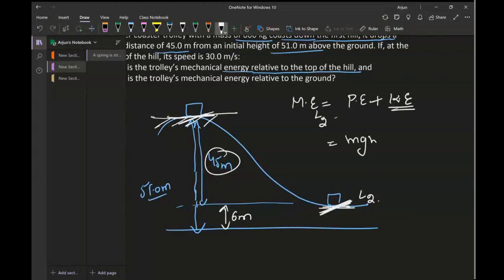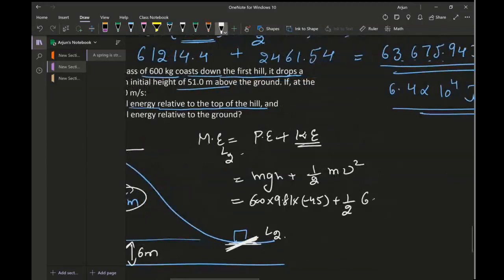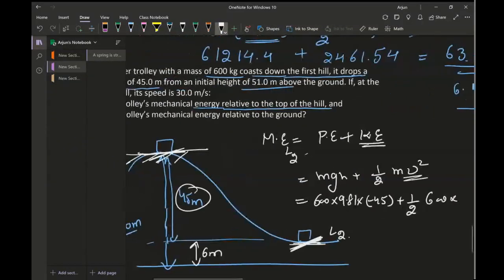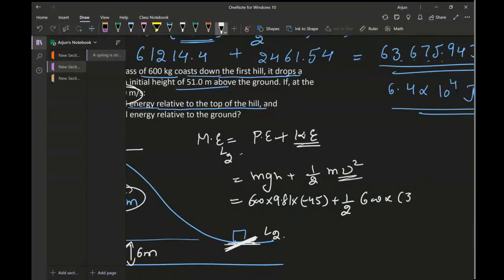So mgh plus half mv squared is equal to 600 kg times 9.81 times h, which is minus 45, plus half times 600 times v squared, where v is 30 meters per second, so 30 squared.